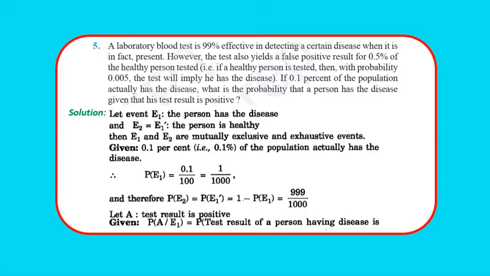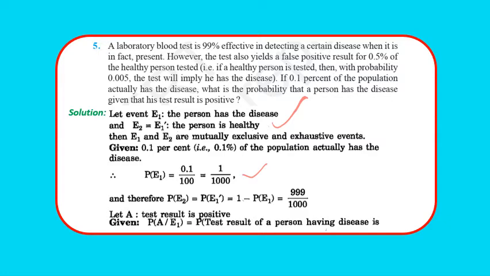So let event E1 be the person has the disease and E2 the person is healthy, E1 dash. So it is clear that E1 and E2 are mutually exclusive and exhaustive. So given we have 0.1% of the population actually has the disease, so probability of E1 is 0.1 upon 100, that is 1 upon 1000.